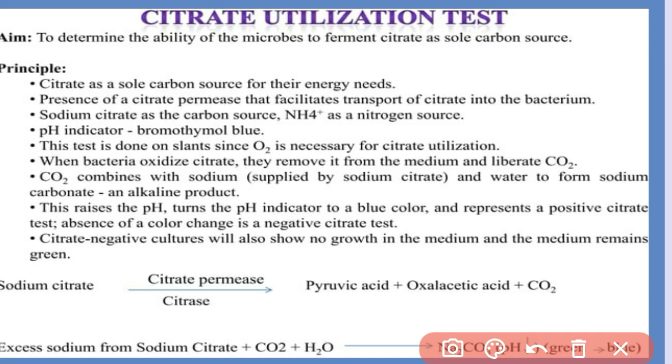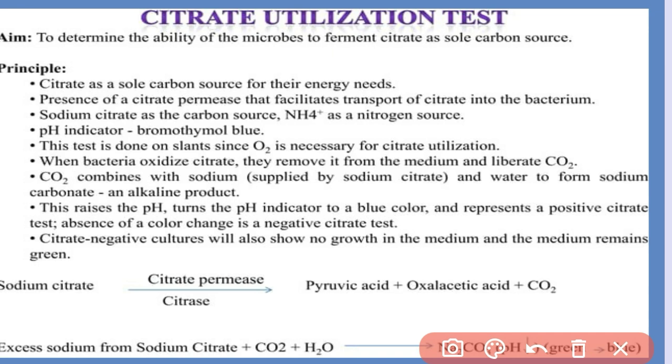Formation of a blue color after incubation shows that the test is positive, the organism can produce citrate permease, whereas no such blue color after incubation shows the test is negative.